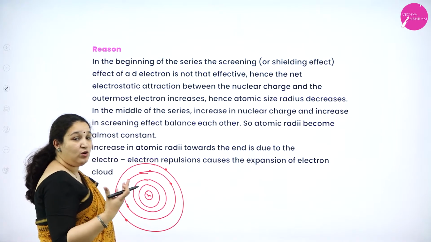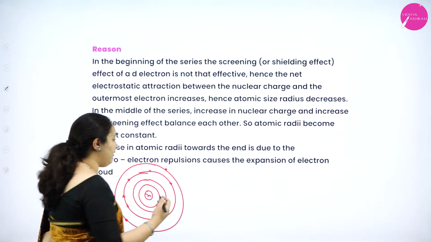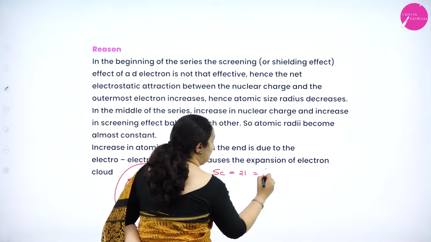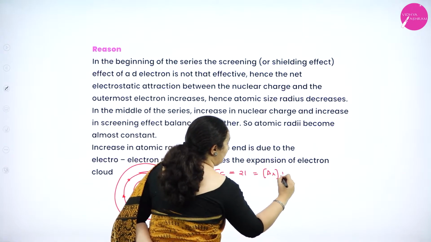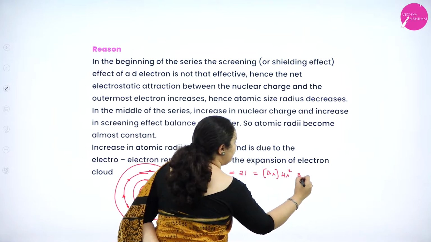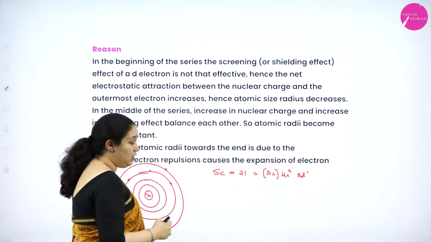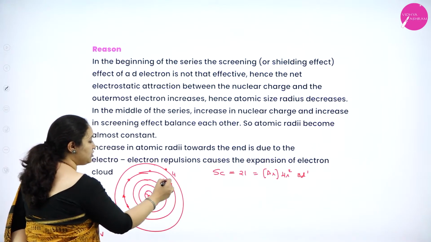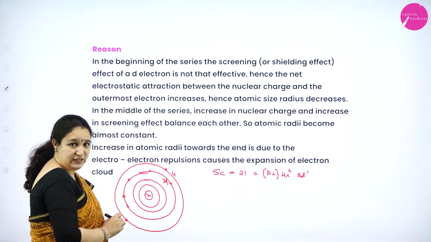So I told you all, for example, scandium if I take, atomic number 21, it is argon 4s2, then it will fill 3D, isn't it? So there are 2 electrons in the 4th shell and now the 3rd shell d orbital is getting filled up.